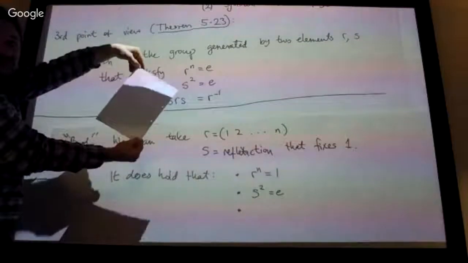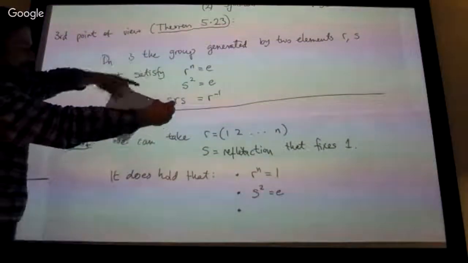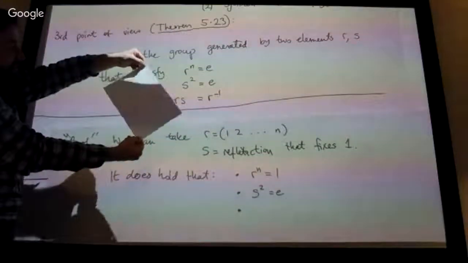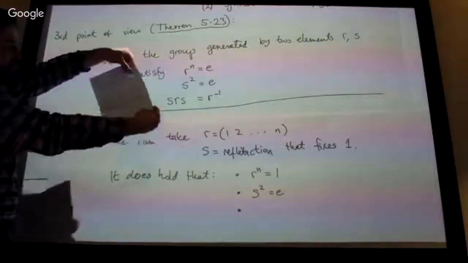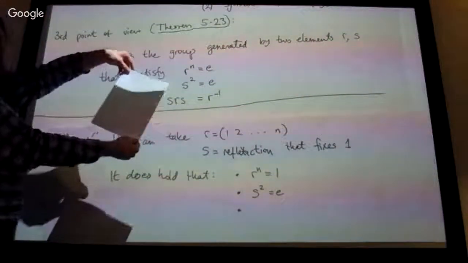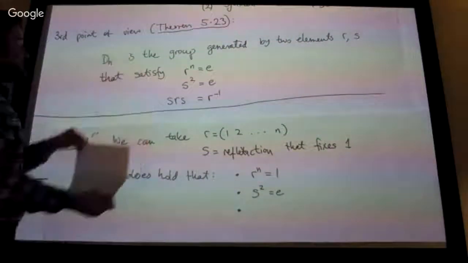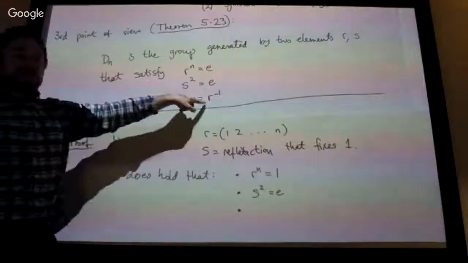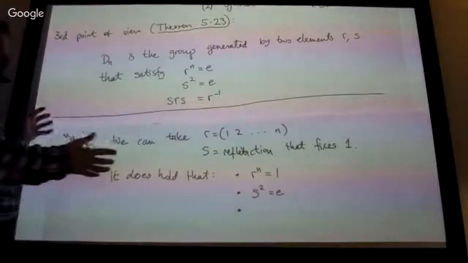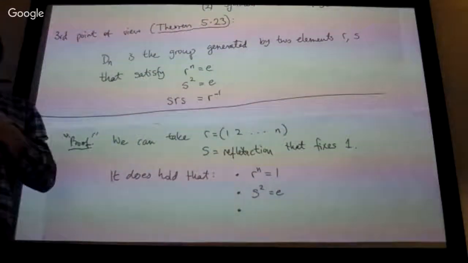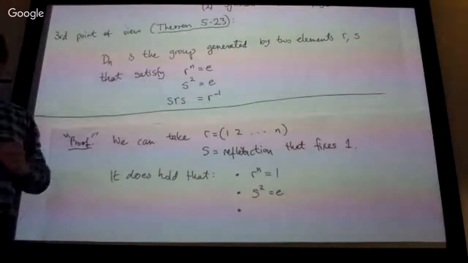I'm starting with 1 at the top. Reflect, rotate left, reflect. 1 is moved to the right. So this really says that if you want to reverse a rotation, you reflect, do the rotation, reflect back, and you get the inverse rotation.